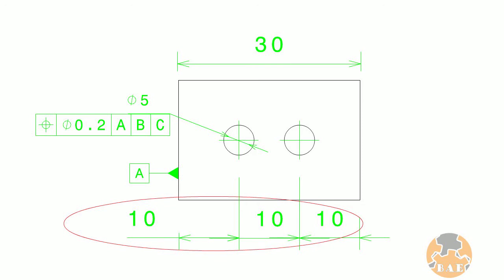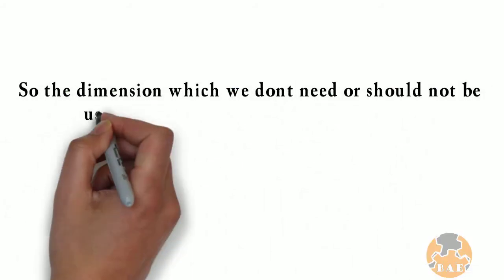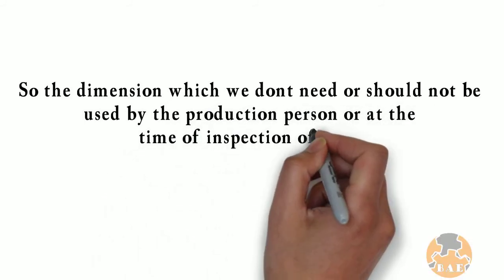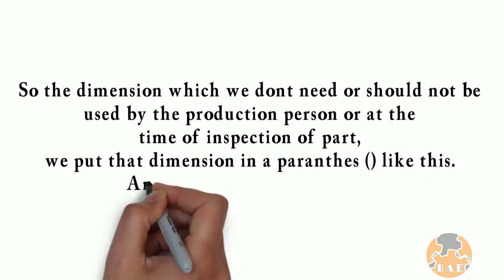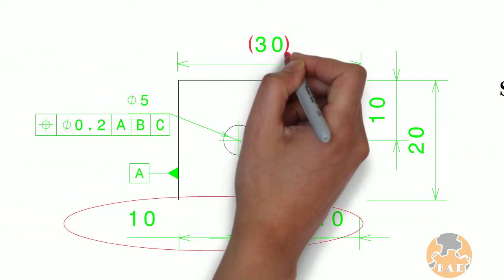Then what is the meaning of this dimension? It's actually not needed. The dimension which we don't need, or which should not be used by the production person or at the time of inspection of the part, we put in parentheses like this, and we call this dimension a reference dimension. So here it will be a reference dimension.